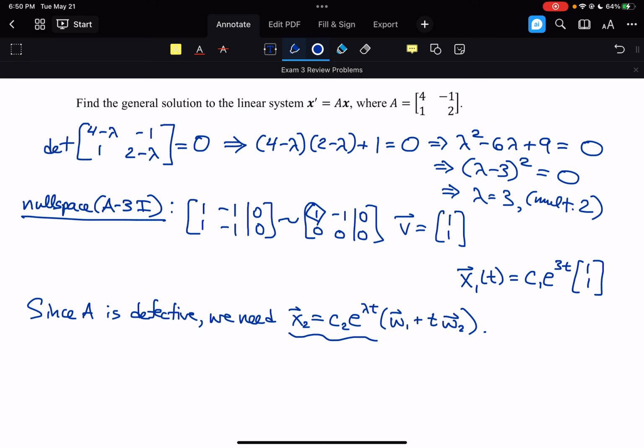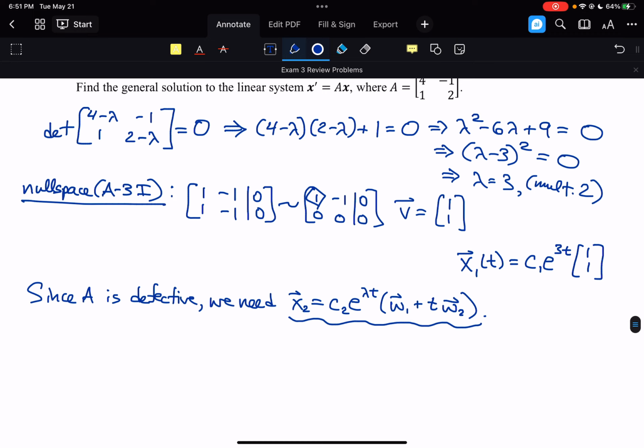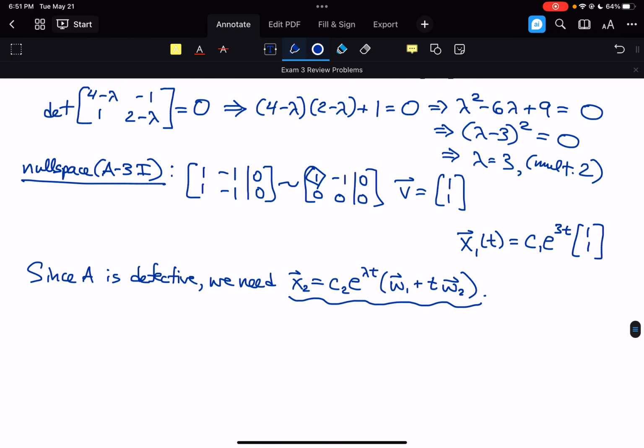This is that general form of our second solution, okay, where w1 will be chosen so that when multiplied by A minus 3I, it produces w2, which will be an eigenvector. And when multiplied by A minus 3I squared, it'll produce the 0 vector.